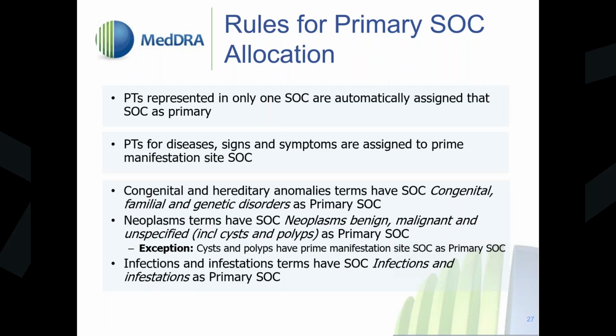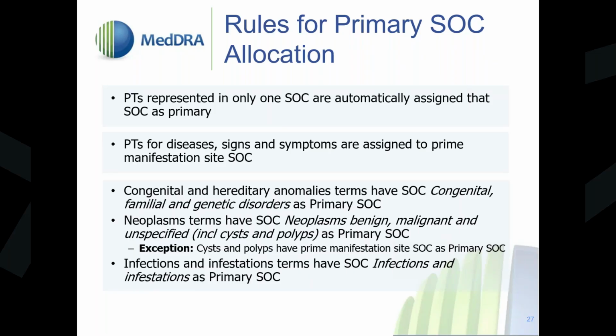So even though primary system organ class allocation usually is the site of primary manifestation, the three exceptions are congenital issues, neoplasms, and infections. Those trump the rest. So if the same condition could belong to an infection and, for example, a kidney disorder, the primary system organ class that is predefined in MedDRA will be the infection system organ class. The kidneys will be secondary.